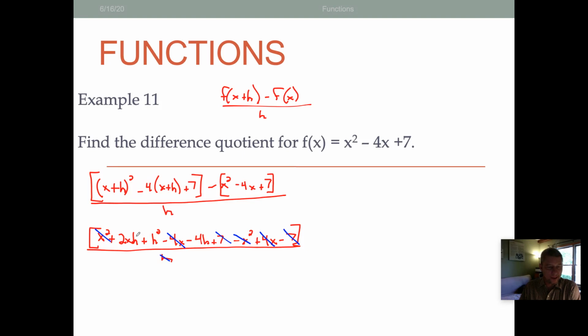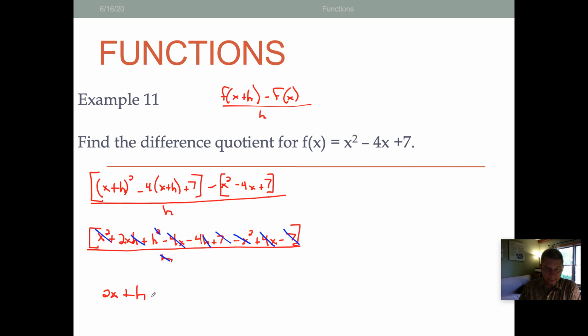If I divide that, the h goes away, the squared goes away, the h goes away, and I'm left here with, going back to my red pen, 2x plus h.